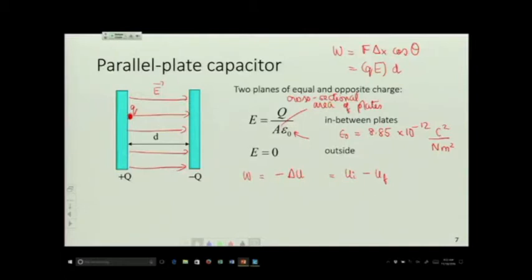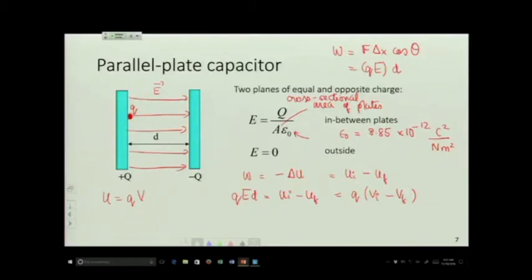So as I move charge Q from left to right, I get QEd is equal to U initial minus U final. But U is just Q times V initial minus V final. By definition, U is equal to Q times V. U, the potential energy, is the potential times the charge. Or if you like, electric potential is potential energy per unit charge.